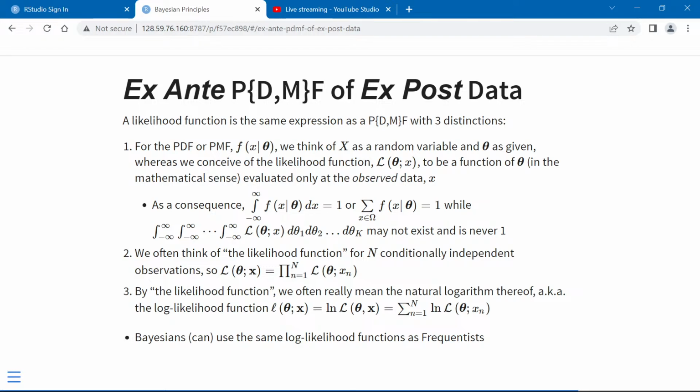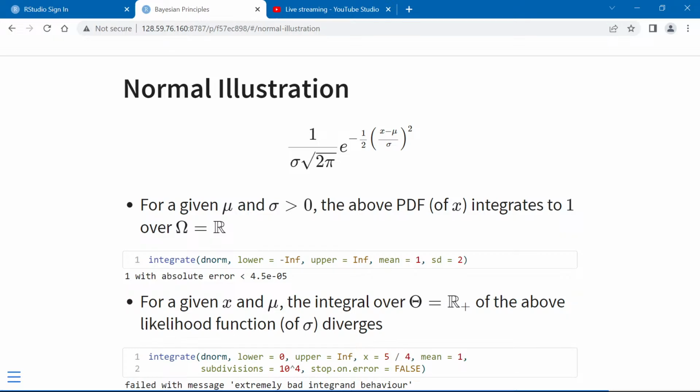There's a lot of things you can do as a Bayesian that are not really feasible in terms of models that you could estimate as a frequentist, but there's probably too much of just, oh, other people who are frequentists are using Poisson likelihood, so I'll use it, instead of thinking about, well, maybe something else would be better. But you can use literally the same log likelihood functions that the frequentists do.